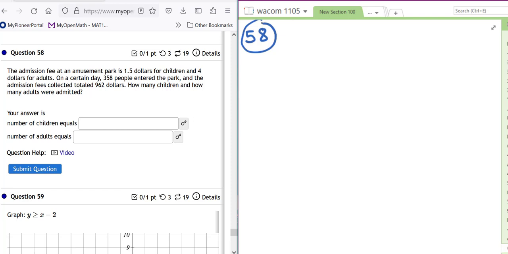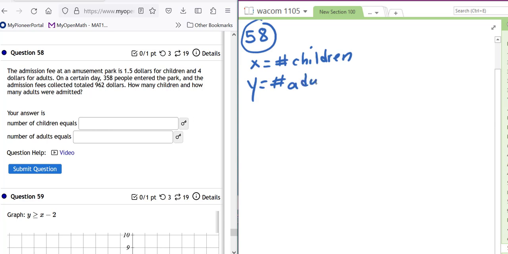So it says the admission fee at an amusement park is $1.50 for children and $4 for adults. All right, so let's let X equal the number of children and Y equal the number of adults. And if we add those up, that is going to be our total people, which is there were 358 people in the park. All right.